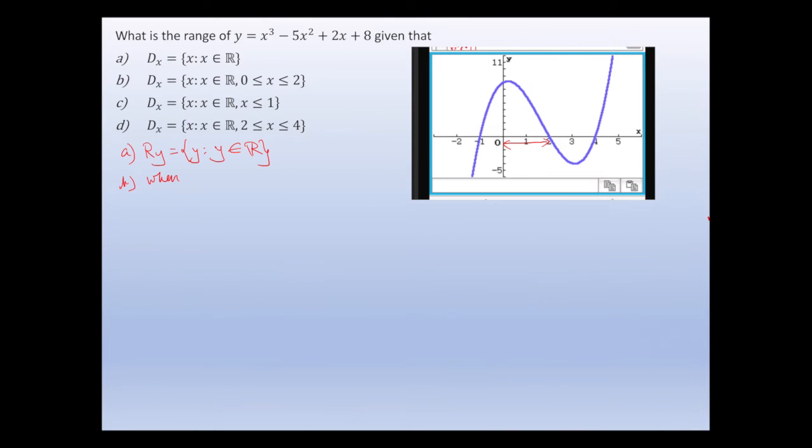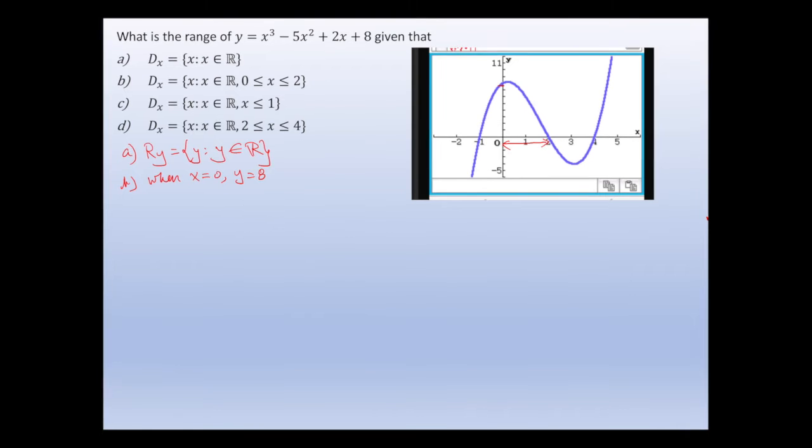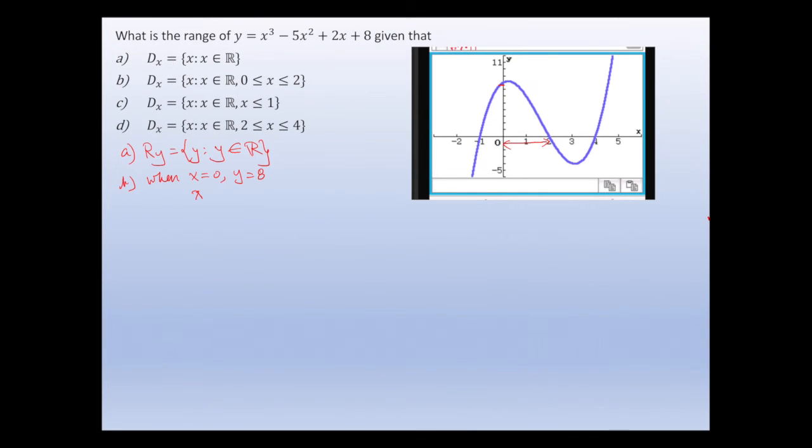We know that we are looking at the domain from 0 to 2. This time we know when x equals 0, y is actually 8, which is the y-intercept. And when x equals 2, y is equal to 0.